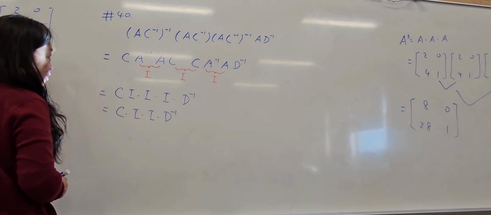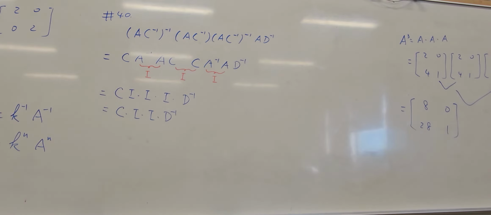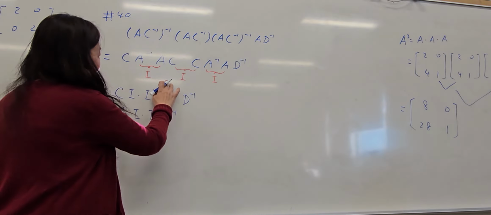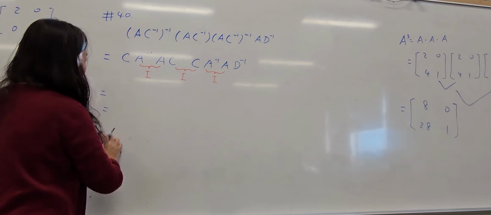Actually, you know what? Let me check something. We may not even be able to skip steps like that. Oh yeah, we cannot even skip steps like that. We are skipping steps here too. We cannot make this a 2I first, so we have to do it this way actually.